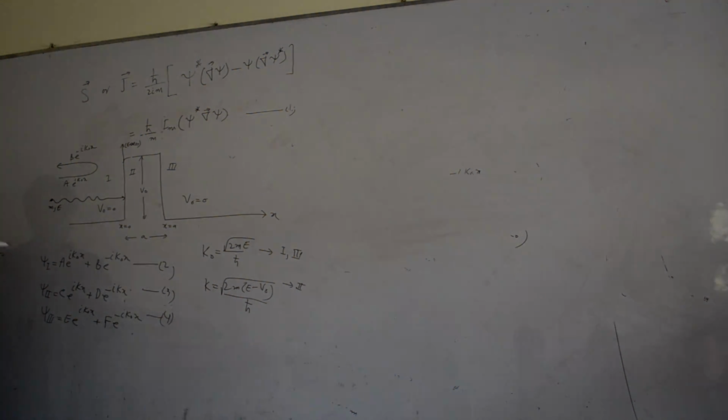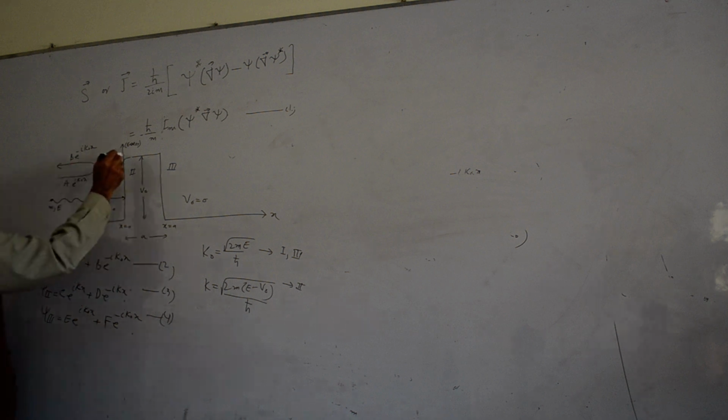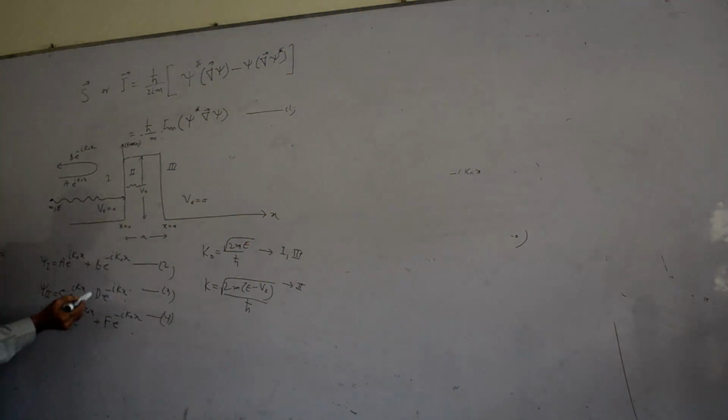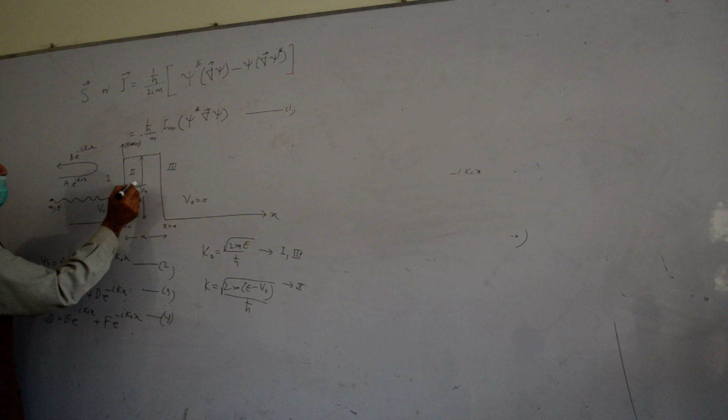Okay, so wave going in that direction, wave which is reflected, wave which is transmitted into that region, and then wave which is reflected from this boundary.